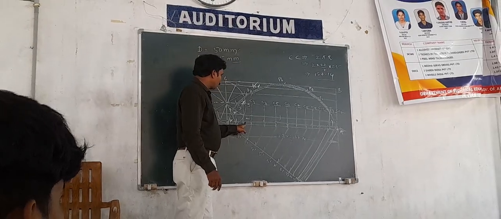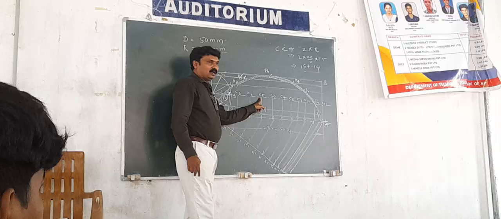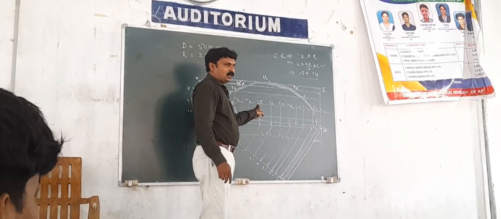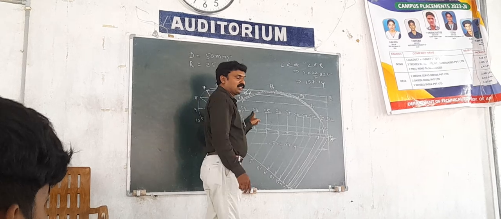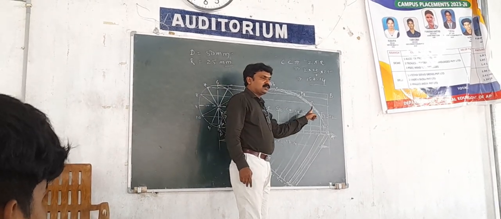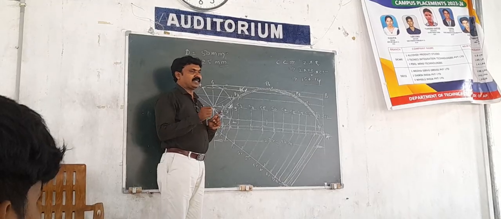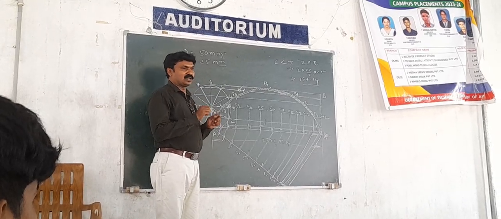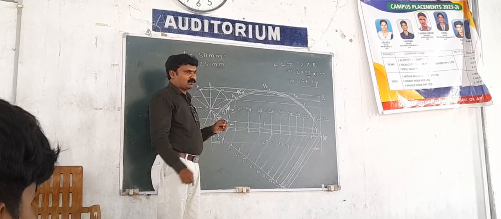Extend those 1 to 12 points up to the axis of the center of the circle. Mark each point like C1, C2, C3, C4 up till C12. Here C means center. C1 means center 1, C2 means center 2, up till C12 means center 12.